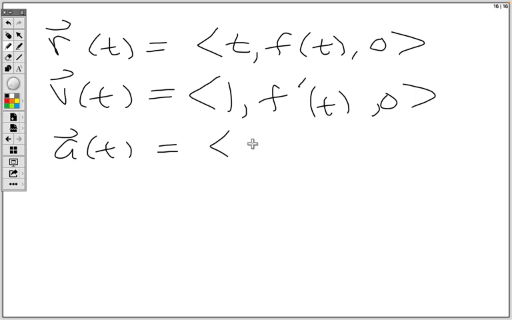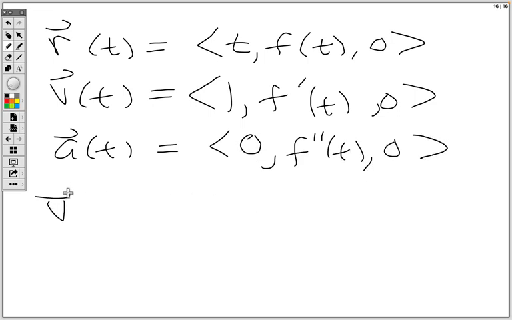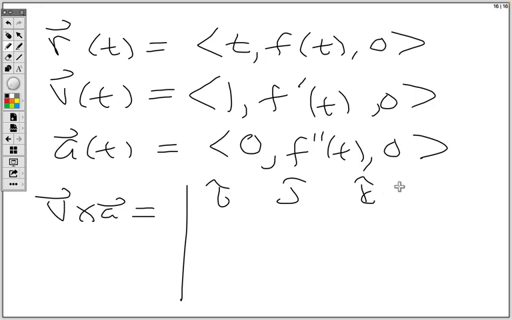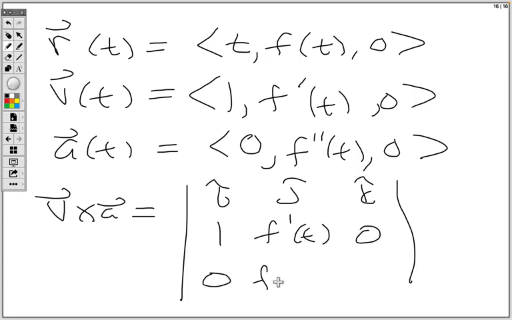Yep. 0, f double prime of t, 0. Good. So now we'll go ahead and take our v cross a. And once again, we'll use determinants here to help us with that. So 1, f prime of t, 0, 0, f double prime of t, 0.